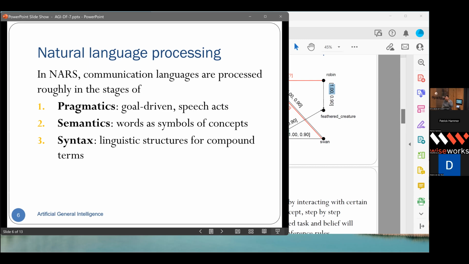The primary function of language is as a tool: you want another system to do something for you. So it's kind of like an operation. This is related to the concept of goal-driven communication, or in philosophy and linguistics, research under the topic of speech acts.